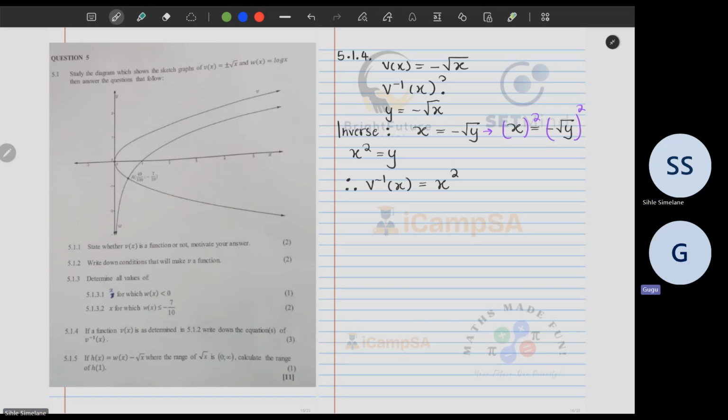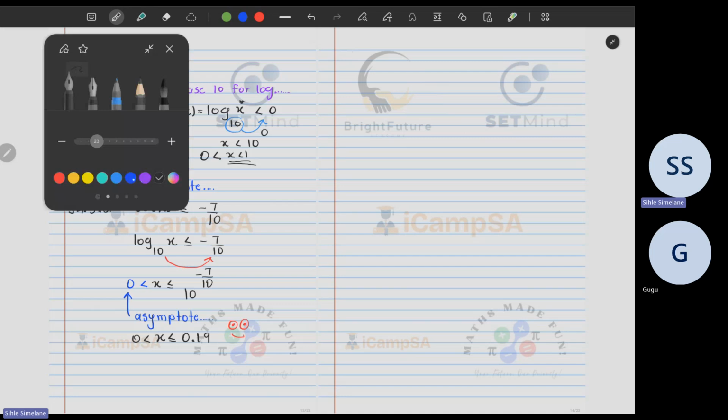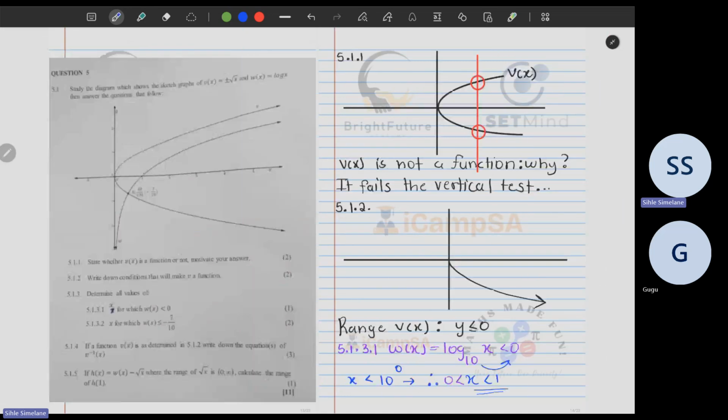Now we need to think of the original function we restricted. So remember the restriction we put: we chose the original function to have the range y less than or equal to 0.